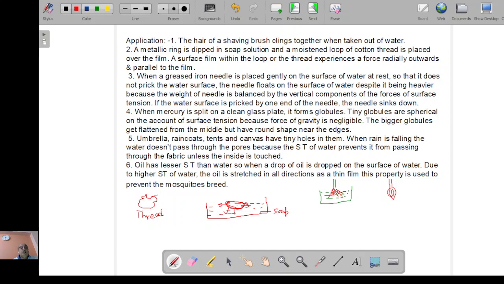Or if we take a simple ring and dip it in the soap solution, and then take this metal ring out of the soap solution, the soap solution will come on the metal loop, and this will be a soap membrane.